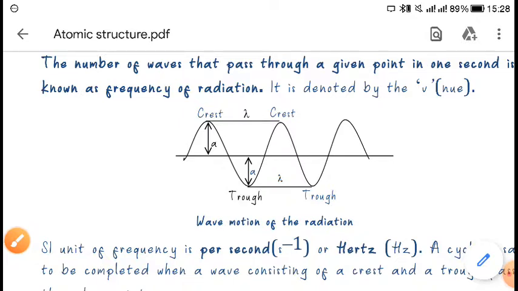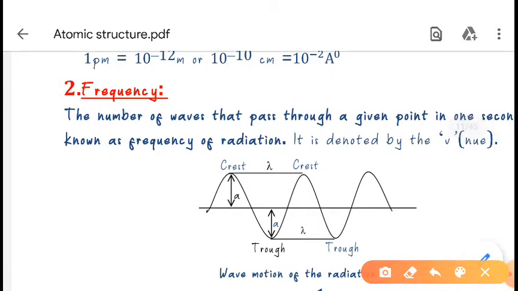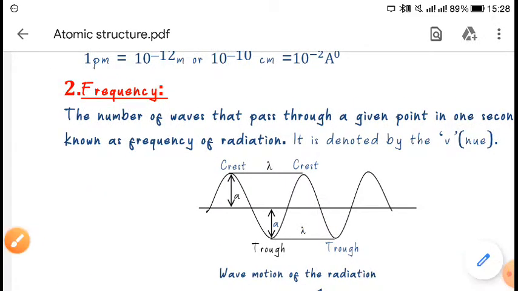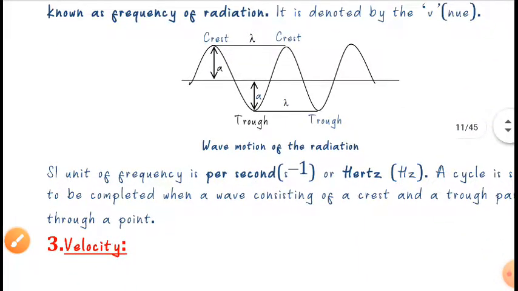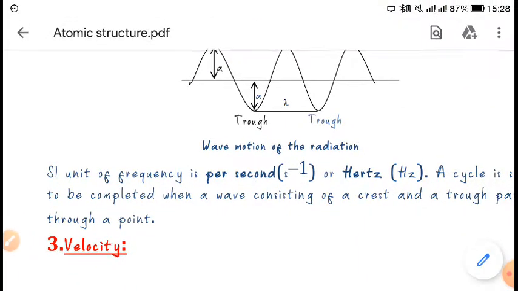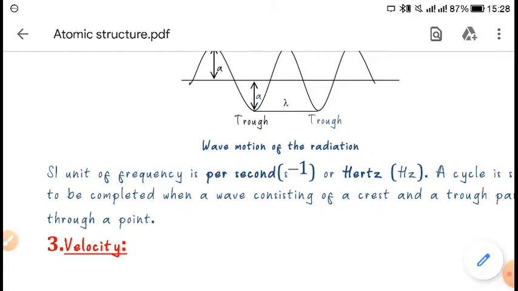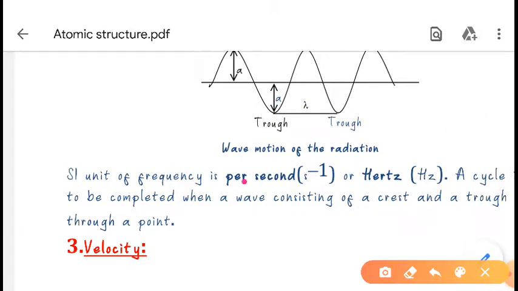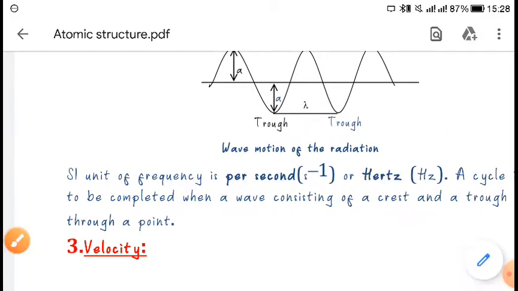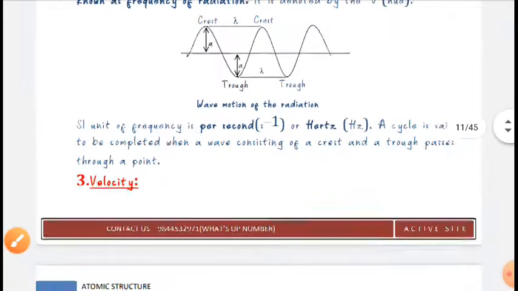It is denoted by mu, and its SI unit is hertz. Okay, so now you have known this.